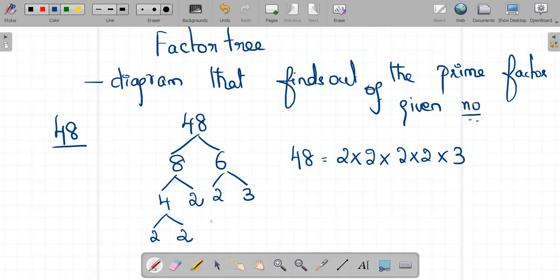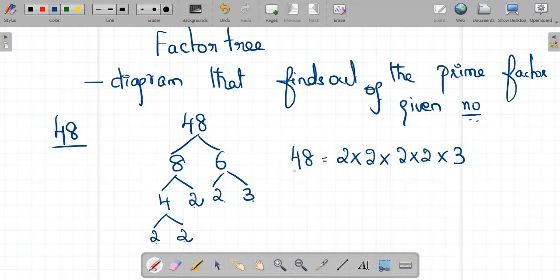I have taken the last nodes which are not divided anymore: this 2, this 2, this 2, this 2 and finally this 3. So I have four 2s, 1, 2, 3 and 4, and a 3. Now let us check 2 into 2 into 2 into 2. So 2 into 2 is 4, 4 into 2 is 8, 8 into 2 is 16, 16 into 3 is 48.